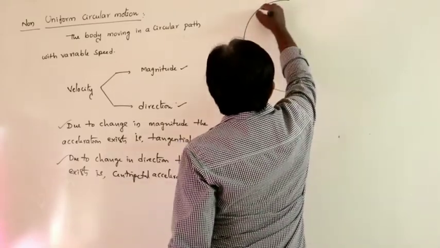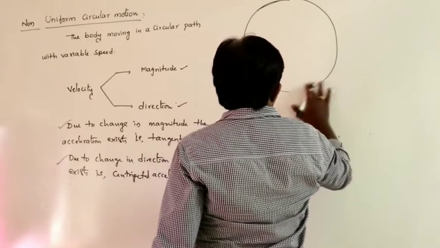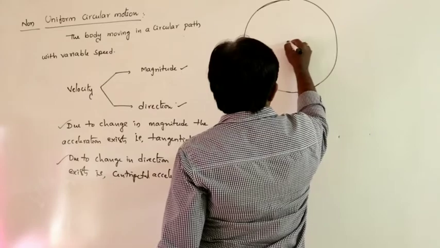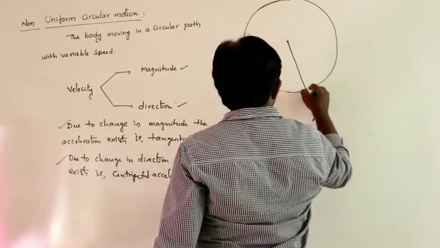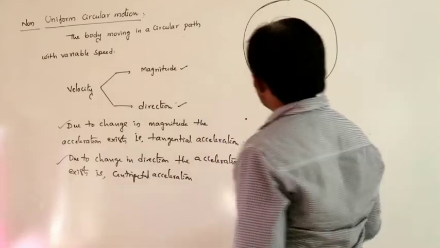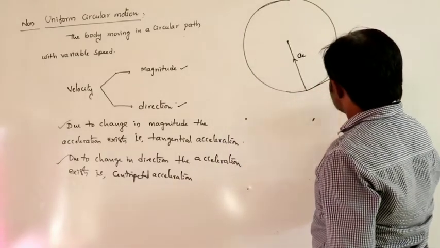See here, a body performing a circular path, and this is the center. Let us say this is the direction of the centripetal acceleration towards the center, and this is the direction of the tangential acceleration.